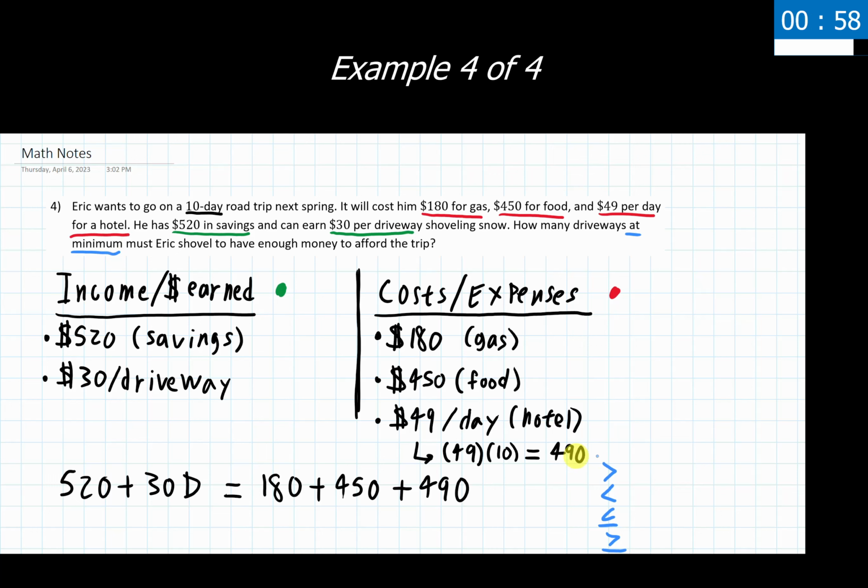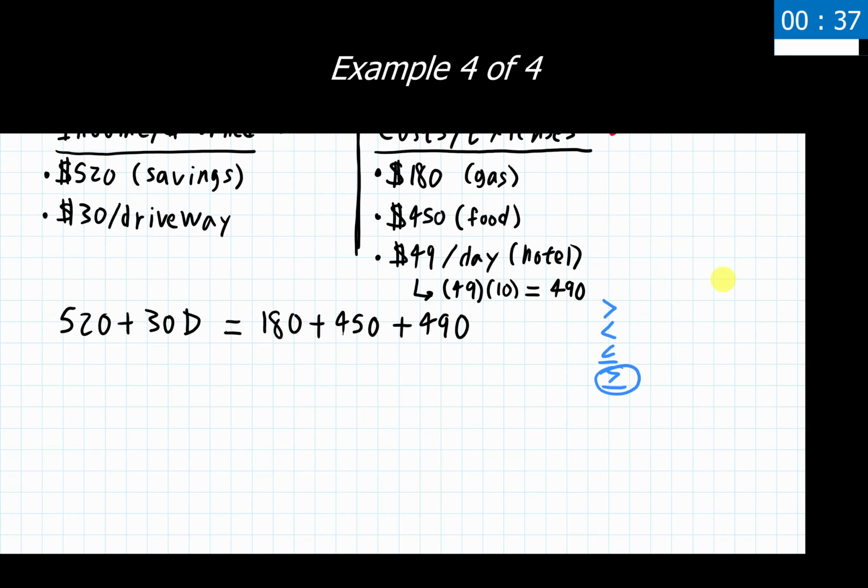So it sounds like we're trying to have this income be at the very least equal to the expenses. But if this income is greater than that, we'd probably also be happy with that as well. So that's where we're going to use this greater than or equal to inequality. So we'll take one step to rewrite this thing.